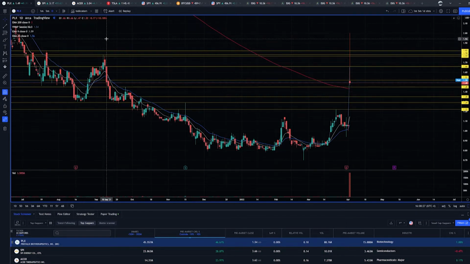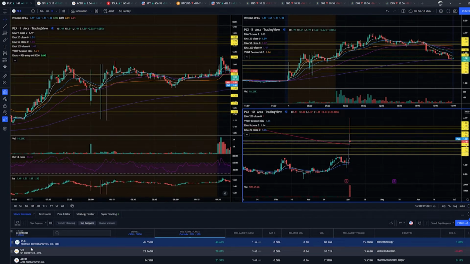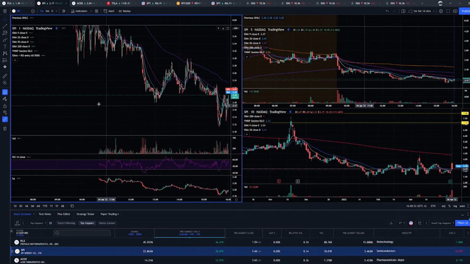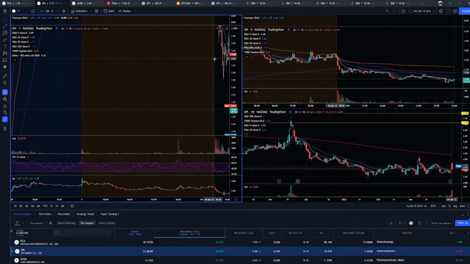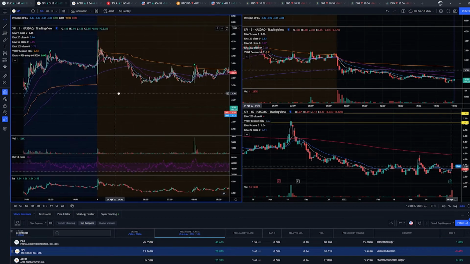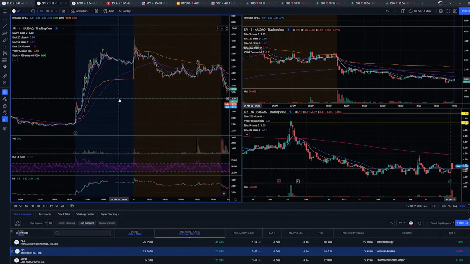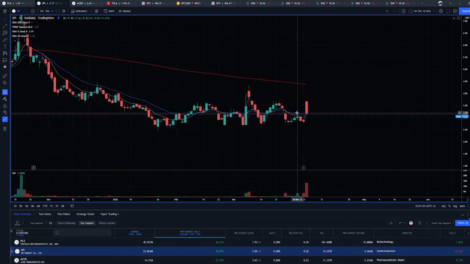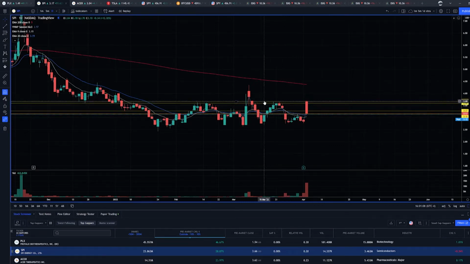We can try and make another example also on SPI, which is another stock that has made some pretty big moves in the past. So we're on the 1 minute, we can see it came higher during the after hours. So today it was here, so we can put the lines here.